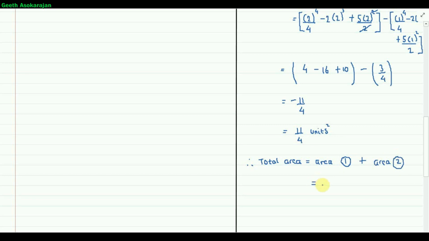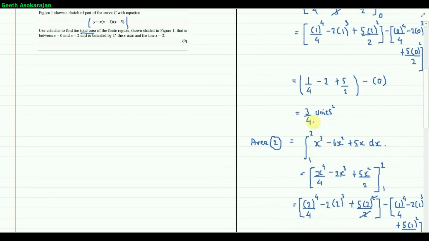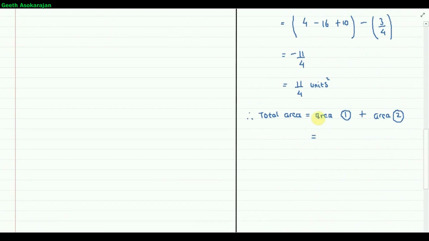So the area of 1, let's remind ourselves, 3 over 4. Plus the area of 2, we had 11 over 4. When we do the summation, 3 over 4 plus 11 over 4 is 14 over 4. But that cancels to 7 over 2. So the answer should be 7 over 2, and it's 7 over 2 units squared, or squared units.